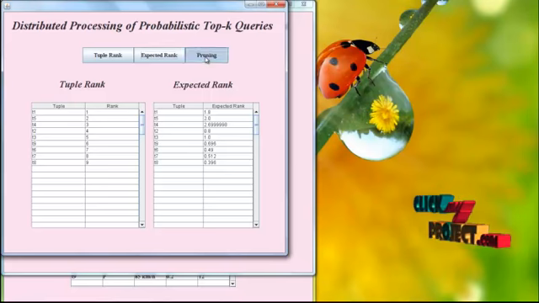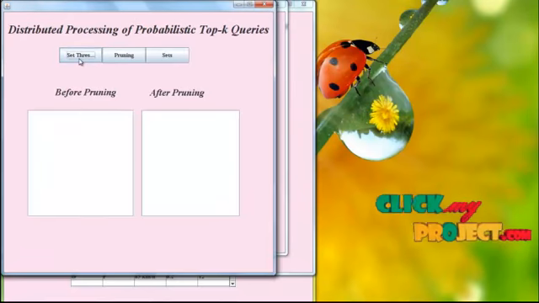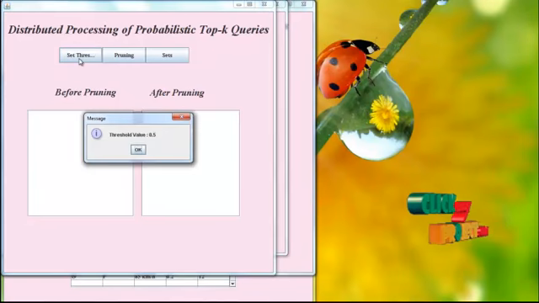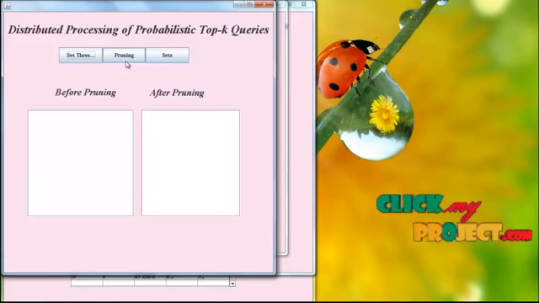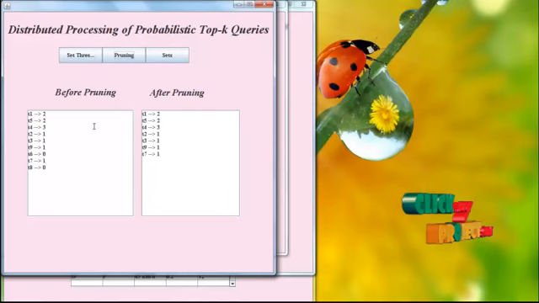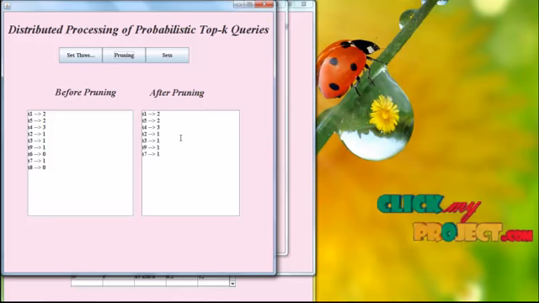For pruning, we have to find the threshold value. This threshold value is 0.5. Now we do the pruning. The results are presented. Values less than the threshold are omitted, and the original values are set as the after-pruning values.